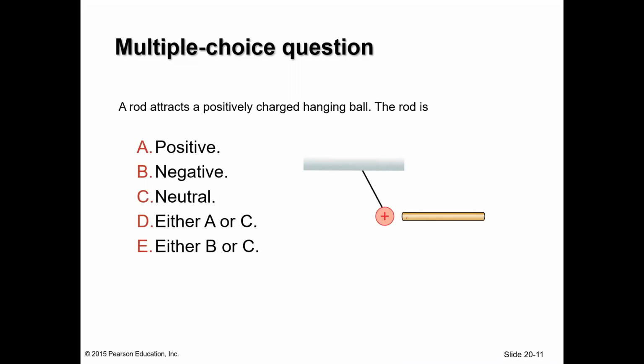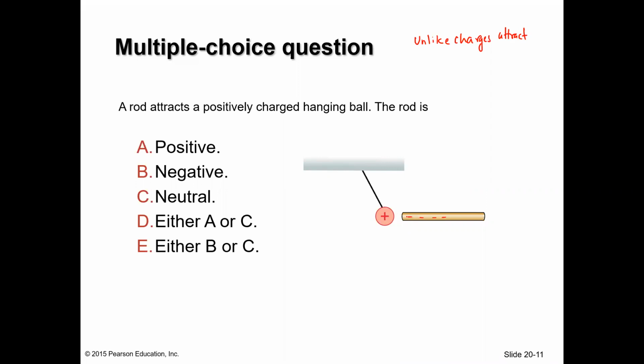This could be either negative, or it could also be neutral. If it is negative, that's obvious, right? Unlike charges attract. We learned last time that negative attracts positive and positive attracts negative. Now it could also be neutral. When you bring the positive charge near a neutral rod, it polarizes the rod.